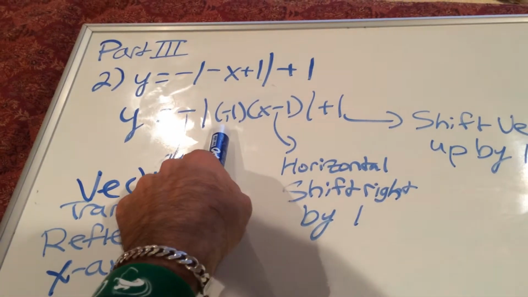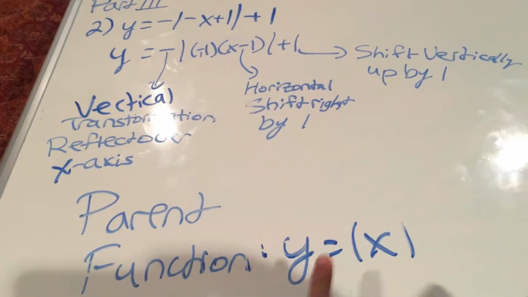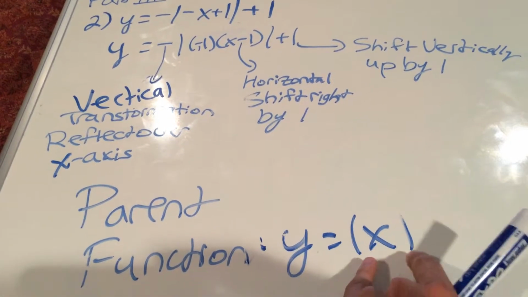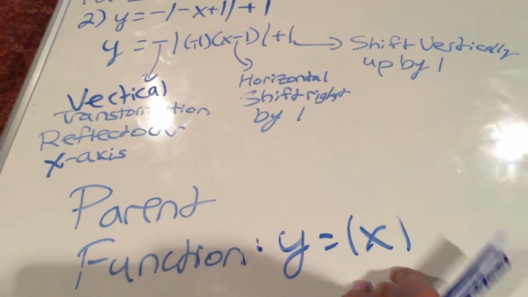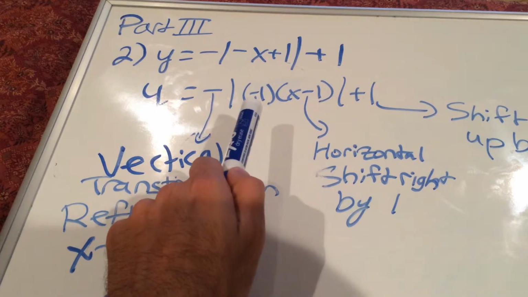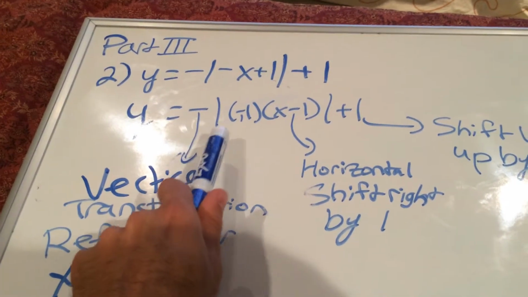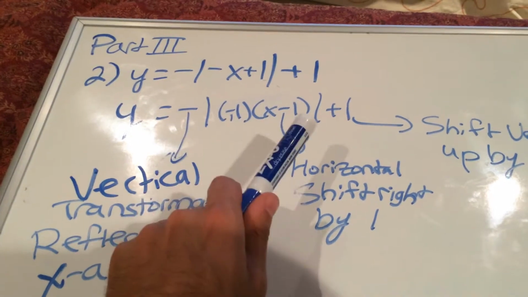Let me say why. Because we know the parent function of this is absolute value of x, and we know that absolute value makes everything inside the absolute value bars positive. So if you're multiplying by negative 1, what's really happening is, yes, you multiply by negative 1, but then you've got the absolute value bars, which say make it positive.